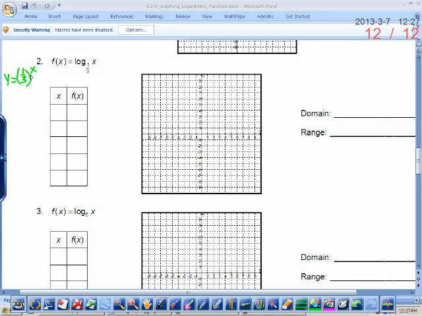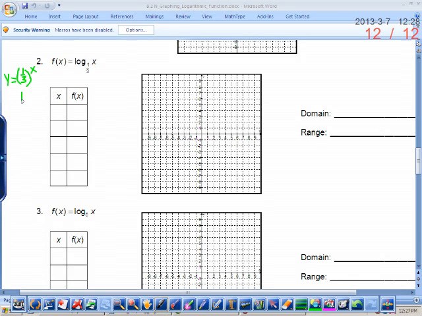Now, remember yesterday when we had a base that was 1/3, did our graph look the same? No, it went from growth to decay, right? A reflection. So we can imagine that there's going to be some sort of reflection here since we have a base of 1/3. Okay? Anytime you've got these bases that are fractions, something a little weird happens with your graph.